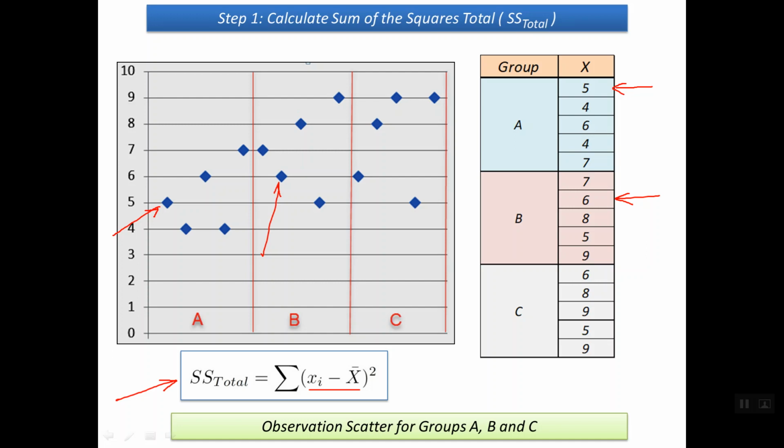So this is a measuring of the variability of the observations from the grand mean.